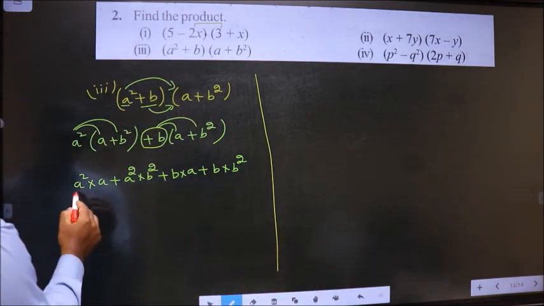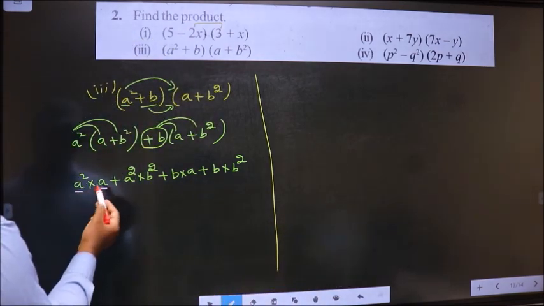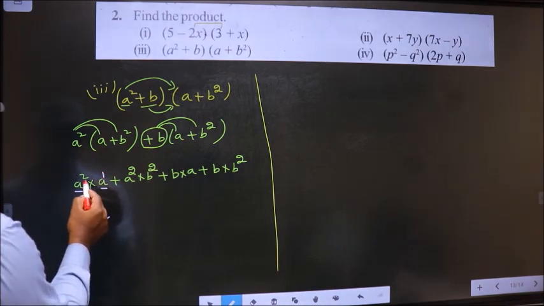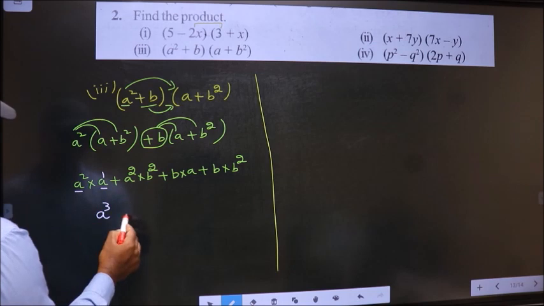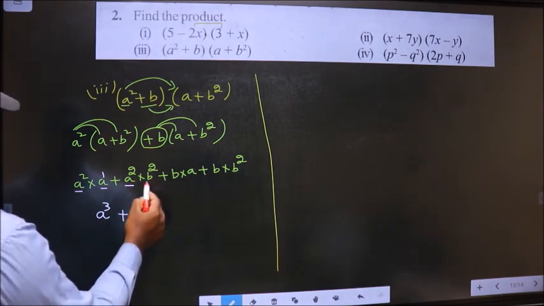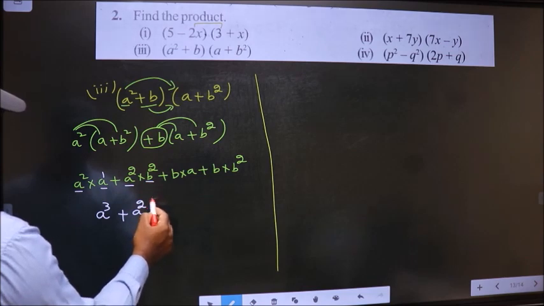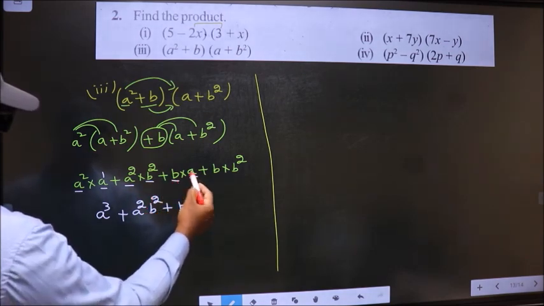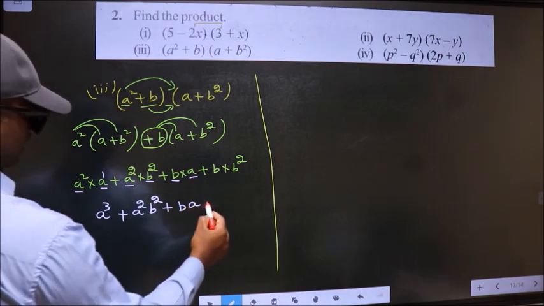Next, a square into a, letters are same, write a and add the powers 2 plus 1, 3. Plus a square b square appeared once, so as it is. Plus b into a, appeared only once, as it is.